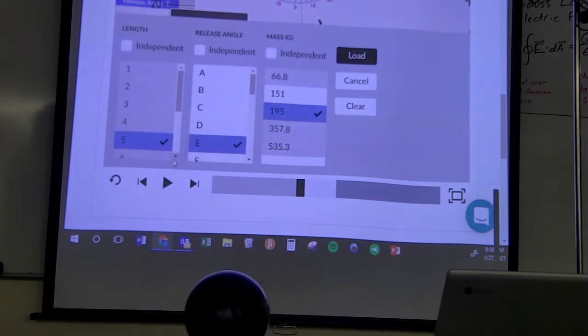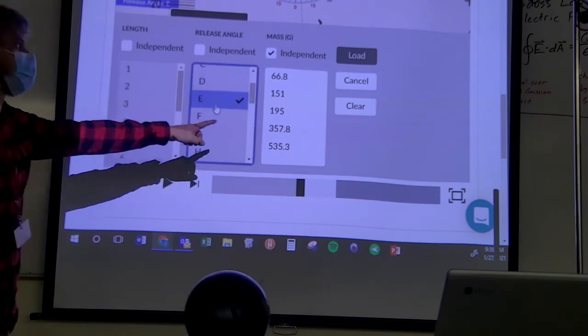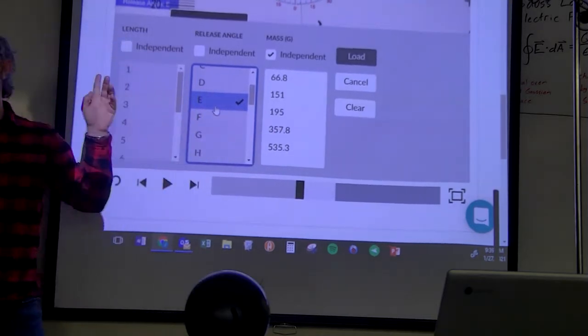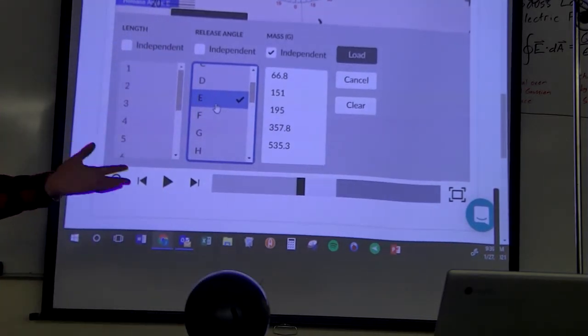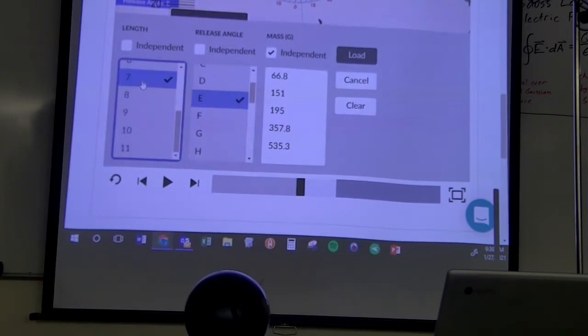So let's say we want to see how the mass affects the period of a pendulum. Well, then I go to mass and I click on the independent. For varying the mass, I have a few choices for the release angle. So I might just pick one, pick E. If I'm varying the mass, I want to use the same release angle for all 5 trials for the mass-period relationship. And then for the length, I only have one choice, so I just got to use that one choice.